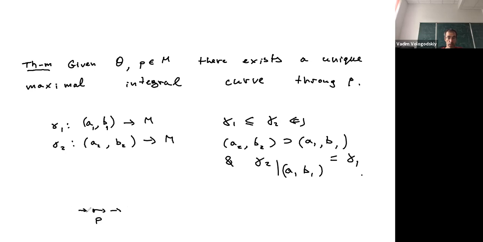You start drawing an integral curve, but it is possible that this curve cannot be extended outside of some finite interval. Let me give you an example. Let's consider for M just an open interval.